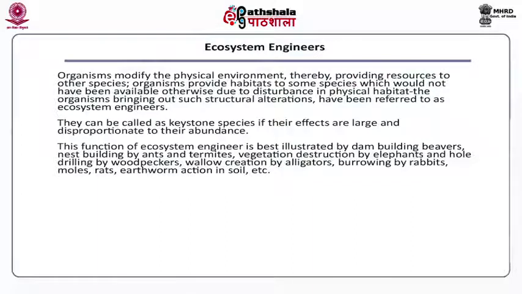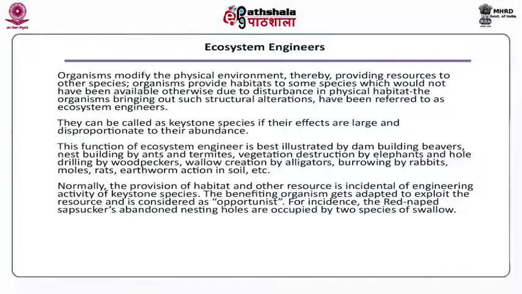beavers, nest building by ants and termites, vegetation destruction by elephants, hole drilling by woodpeckers, hollow creation by alligators, and burrowing by rabbits, moles, rats, earthworm action in soil, etc. There are so many examples of ecosystem engineers.